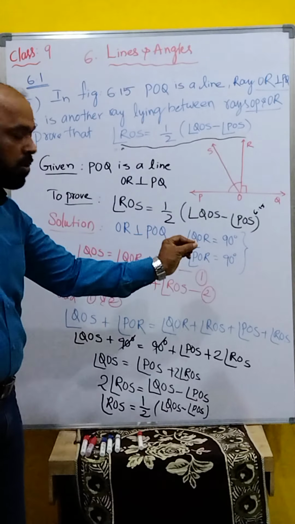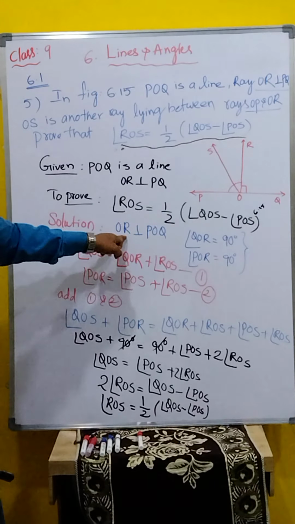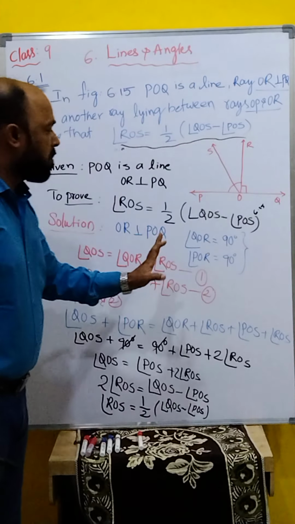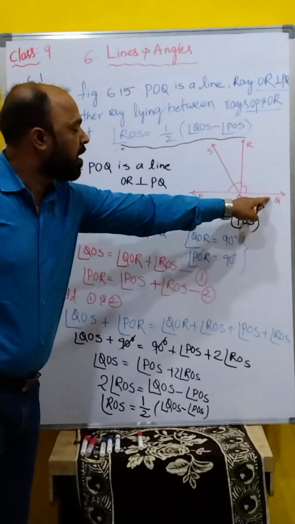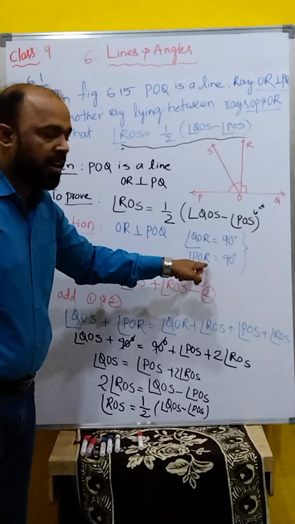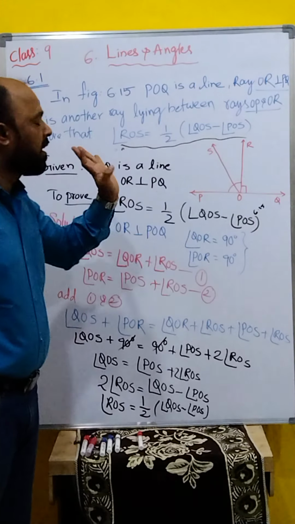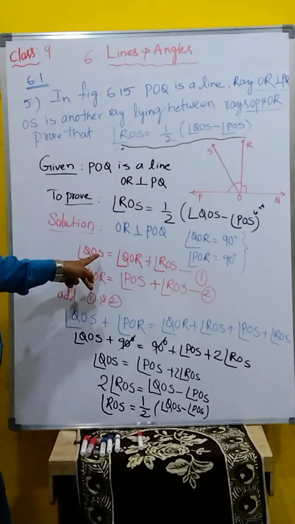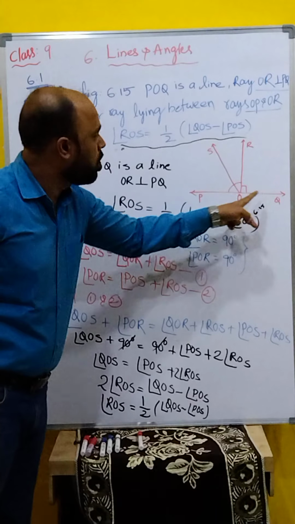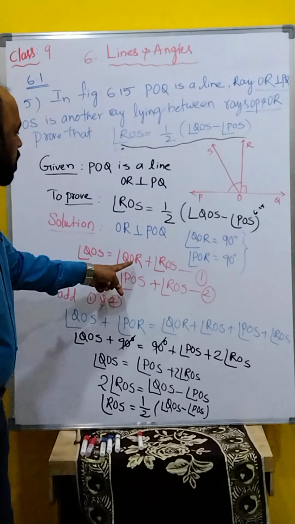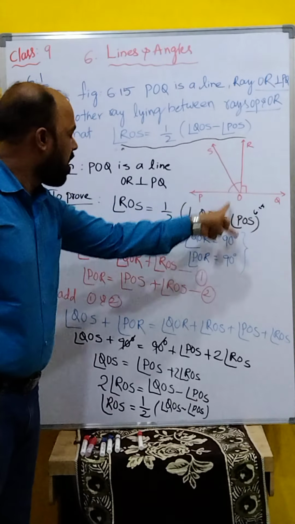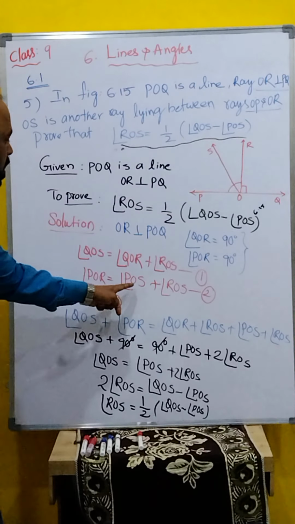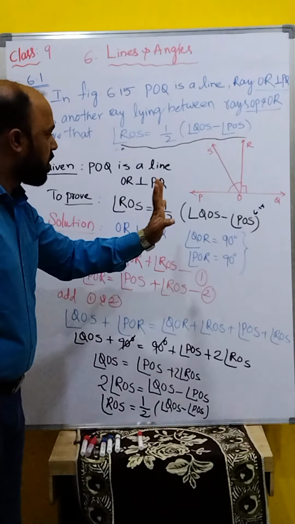Just one more time, what is given here: OR is perpendicular to POQ. That means it's 90 degrees. Angle QOR is 90 degrees, angle POR is also 90 degrees. Now come to the question. Angle QOS is equal to QOR plus ROS. Second, angle POR is equal to angle POS plus angle ROS.